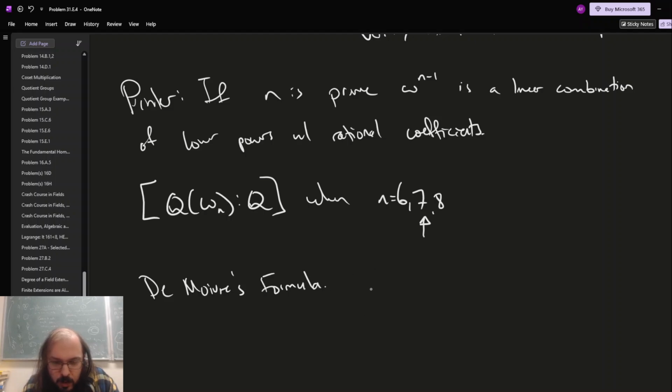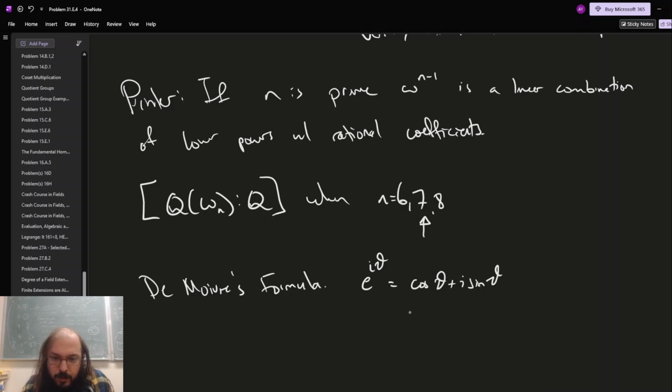In particular, this formula is related to the thing that I wrote at the beginning with the Euler formula. Euler formula says that for any real number theta, e to the i theta can be written as cosine theta plus i sine theta. And this is a really beautiful and critical fact for dealing with complex numbers.